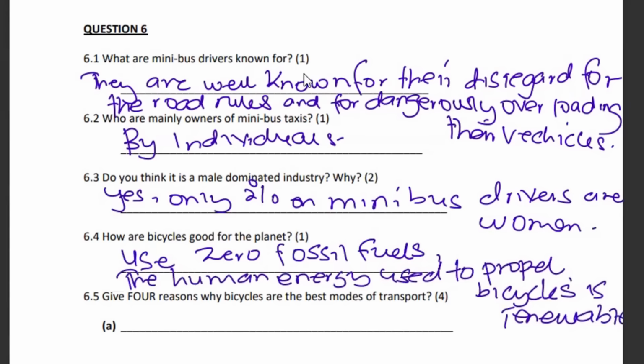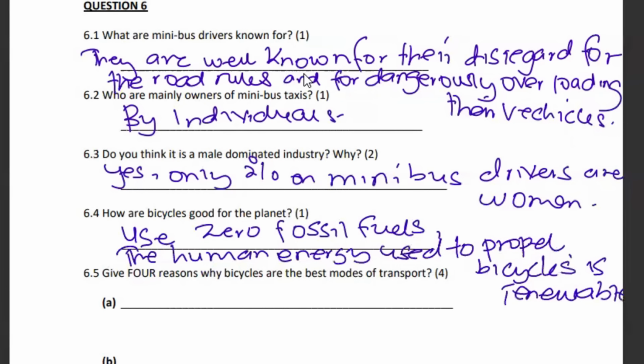Then give 4 reasons why bicycles are the best mode of transport. One, bicycles can be ridden by people of nearly all ages.